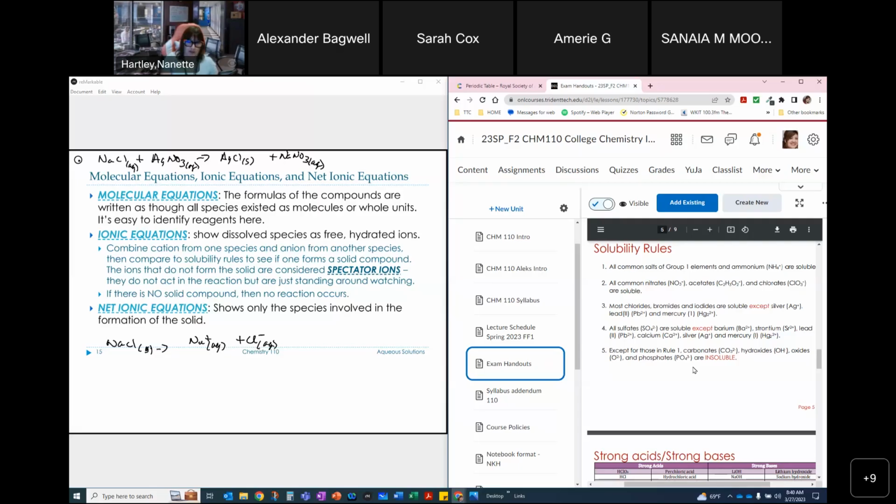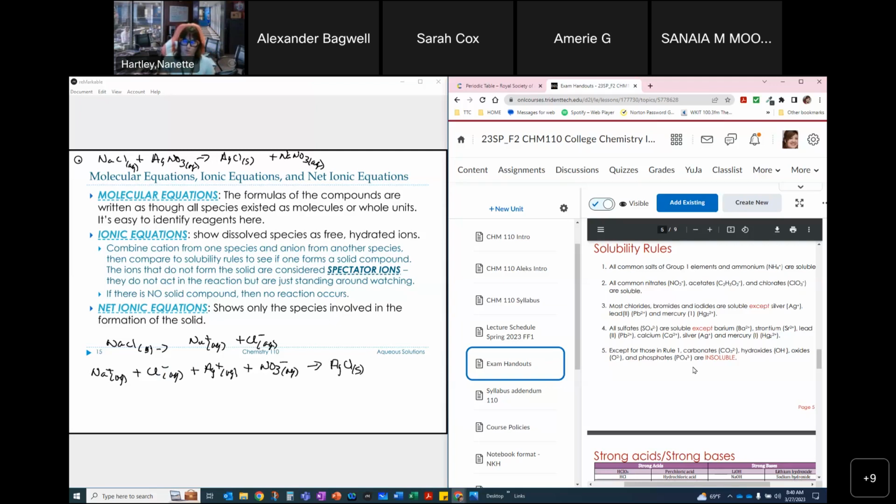We would show this as Na+ (aq) plus Cl- (aq) plus Ag+ (aq) plus NO3- (aq) going to AgCl solid, because those ions are not dissolved anymore.